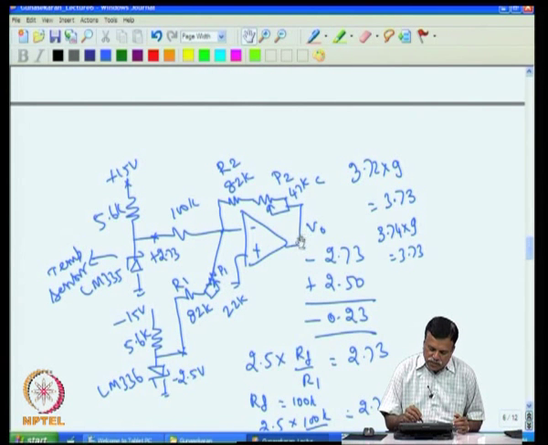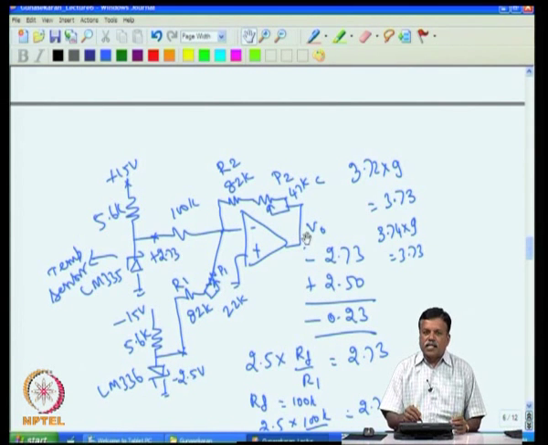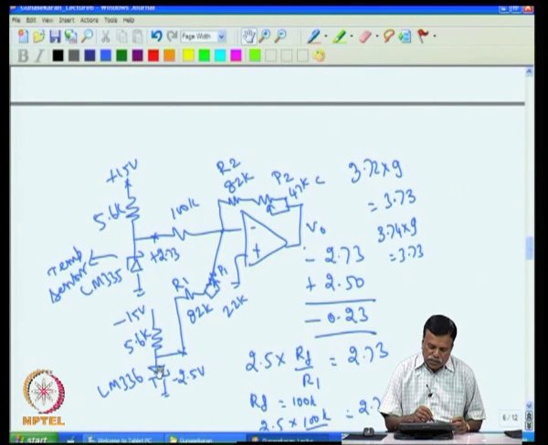But at this point 10 millivolt is considered as 1 degree C. So because of the ambient temperature change, the Zener voltage changes and the output voltage changes, and you will have an error of 0.75 degree, because 10 millivolt is 1 degree C and 7.5 millivolt ends up as 0.75 degree error. So this Zener drift alone gives 0.75 degree C error at the output. This is the first error.